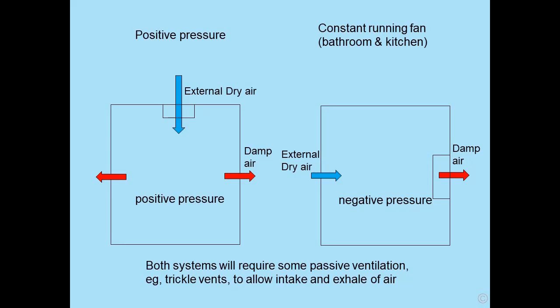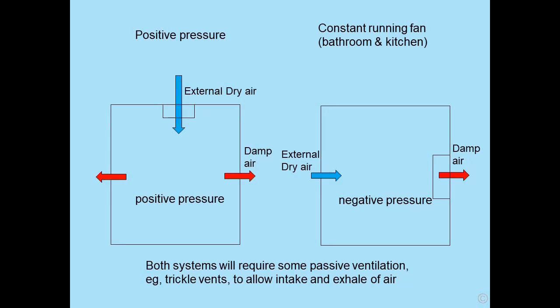Remember, the air outside is inevitably drier, contains less atmospheric moisture than the air inside, because the principle of ventilation is to replace damp air inside with drier air from outside. So positive pressure then is pulling in external dry air. It's creating a small, tiny pressure indoors, and that will push out the damp air.